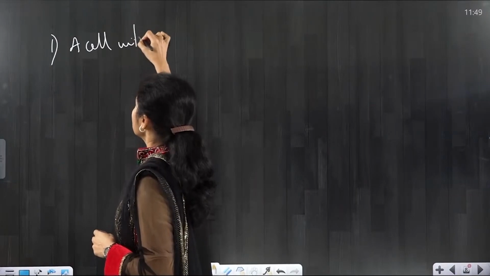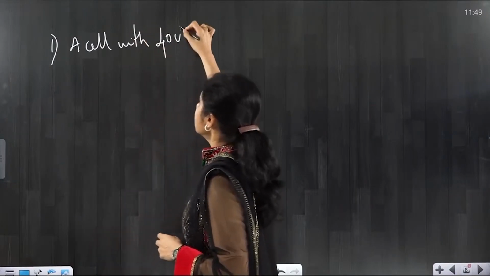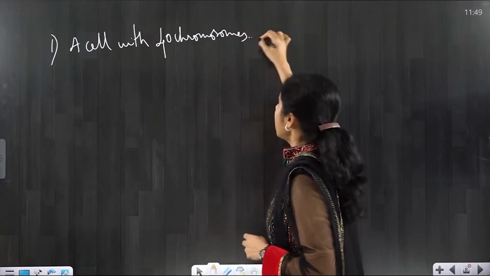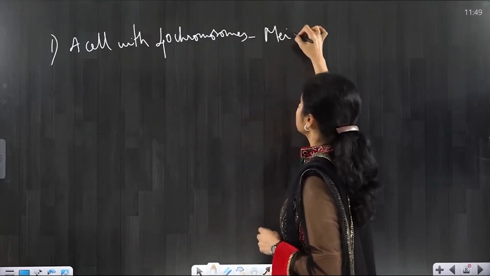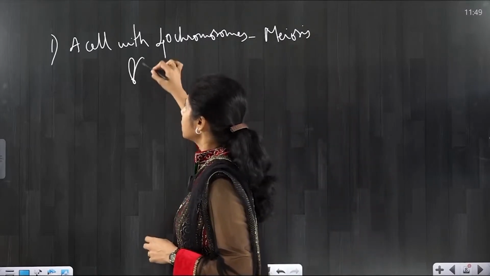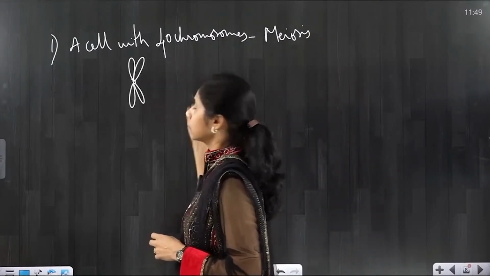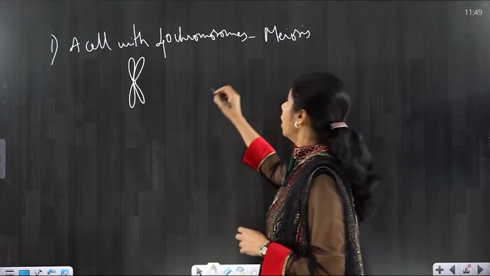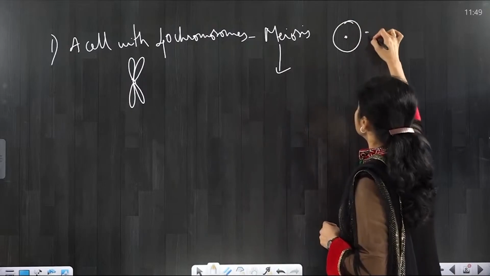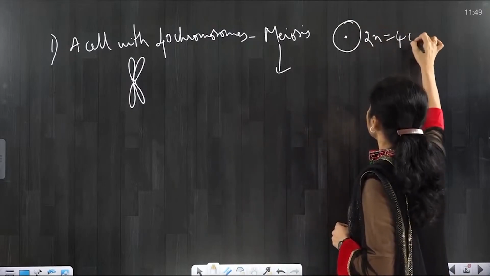A cell with 40 chromosomes enters into meiosis. Each chromosome will be having a structure like this. After meiosis-I, this 2n is equal to 40.